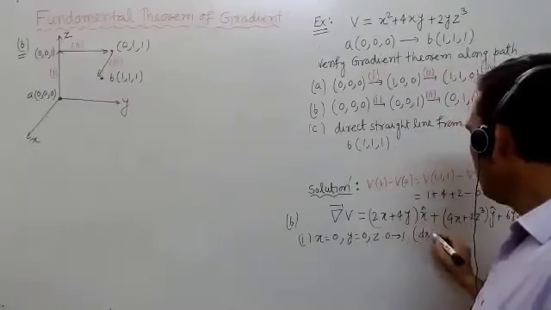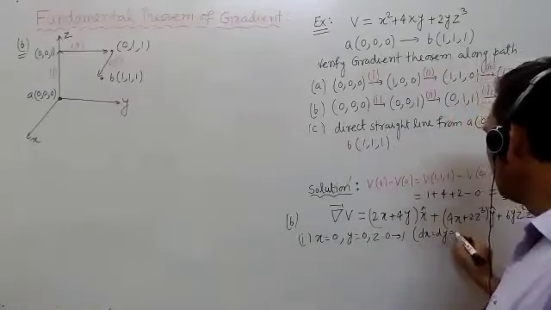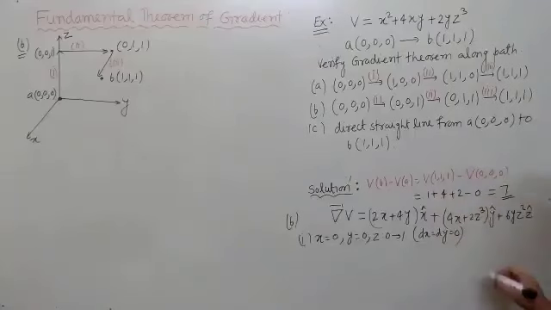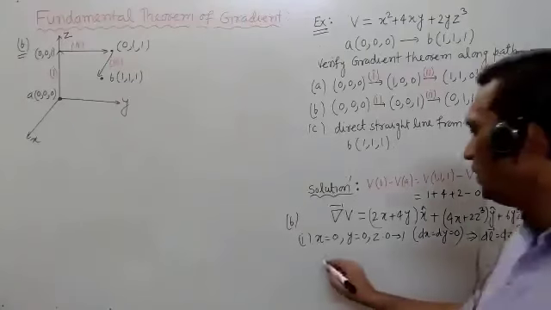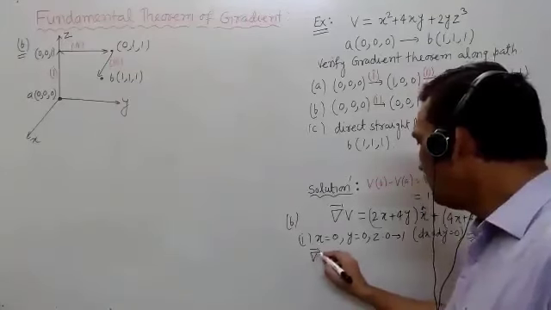So you will get dx, dy is 0. Now dl is dz z cap. So what will be gradient V dot dl?